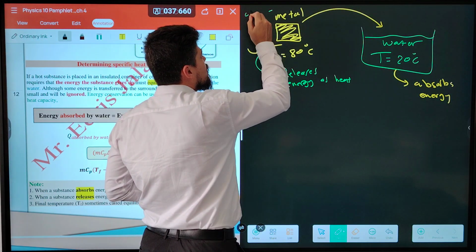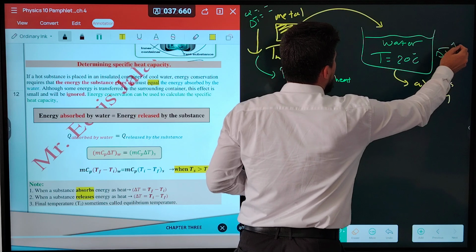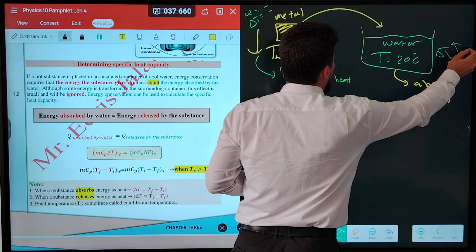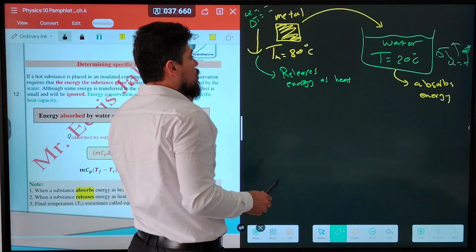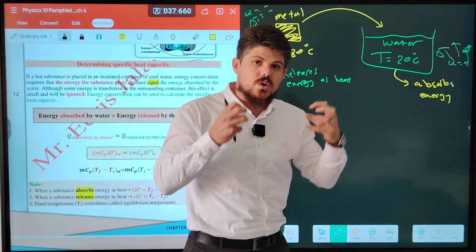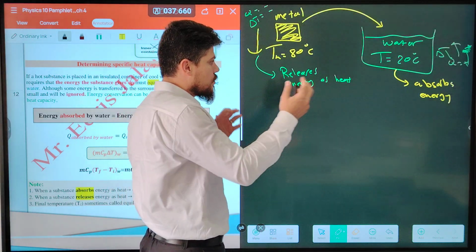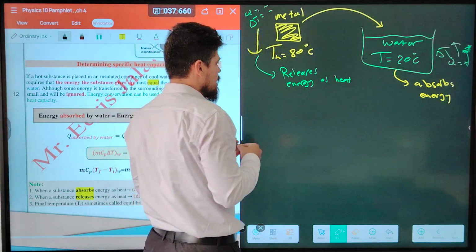Delta T is negative, Q is also negative. But here the water's delta T increases, is positive, and Q is also positive. So the higher temperature releases energy and the lower temperature absorbs energy. We have an energy exchange between these two substances.